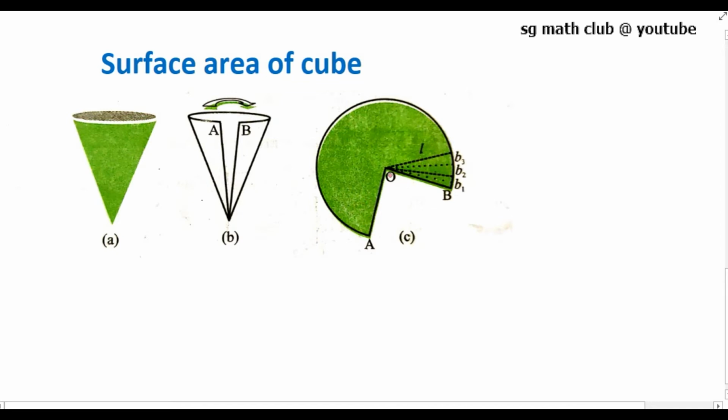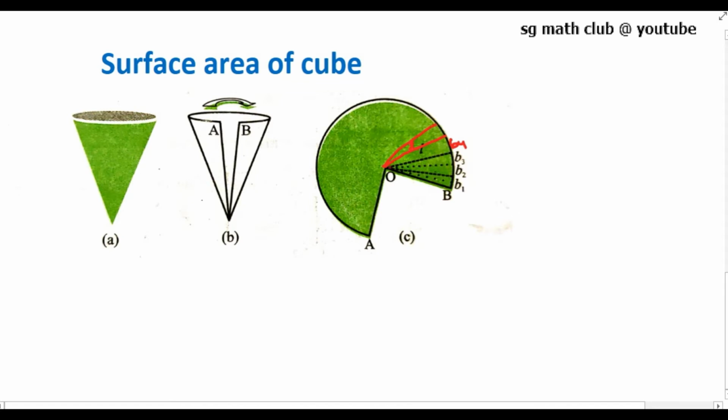Now I am going to cut this part into hundreds of small triangles, where the bases will be b1, b2, b3, b4, and the height of each triangle is actually the slant height. You can see the slant height like that.